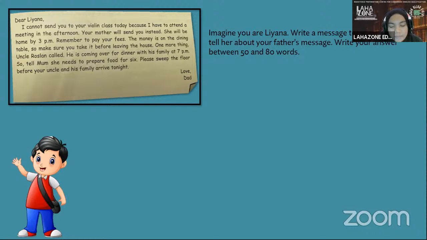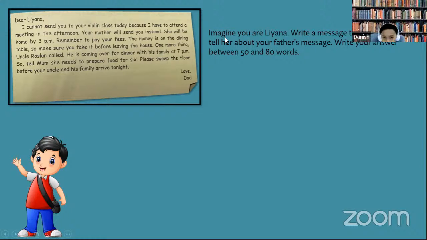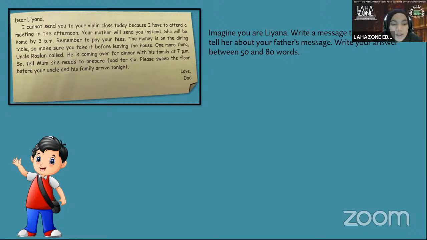Apa, Miss? Okay, Danish faham tak dia punya tugasan ni apa dia? Arahan dia. Tak tahu. Okay, can you read? Imagine you are Liana. Write a message to your mother to tell her about your father's message. Write your answer between 50 and 80 words. Okay, now you are Liana. What should you do, Danish, in this instructions?